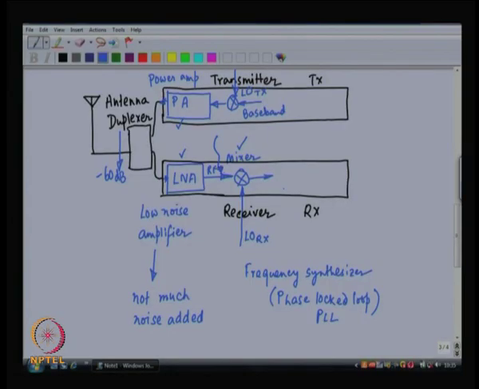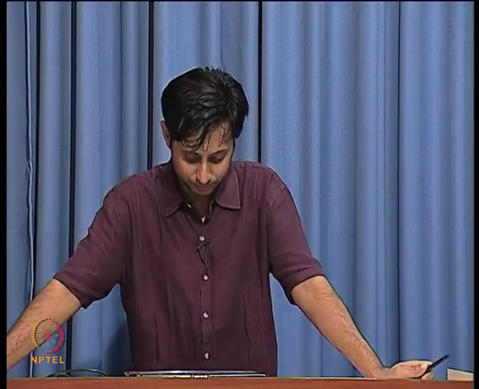This is only if you are using heterodyne or super heterodyne. If you are not using heterodyne, if you are using a homodyne receiver or a direct down conversion receiver, then you do not need the image reject filter. You can directly go to baseband. However, there are other problems, there are offset problems etc. We are going to discuss all of that also in this course.